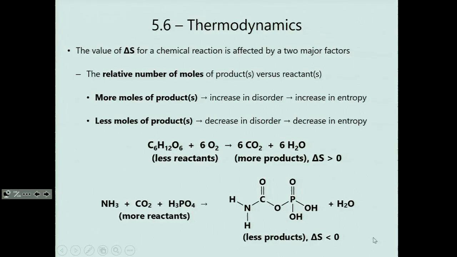That comes with an increase in the entropy. Conversely, if you're making less from more, in terms of numbers of moles of substances, so there's less products in terms of numbers of moles relative to the reactants, then the reaction is getting ordered in that regard, and that is associated with a decrease in the entropy.